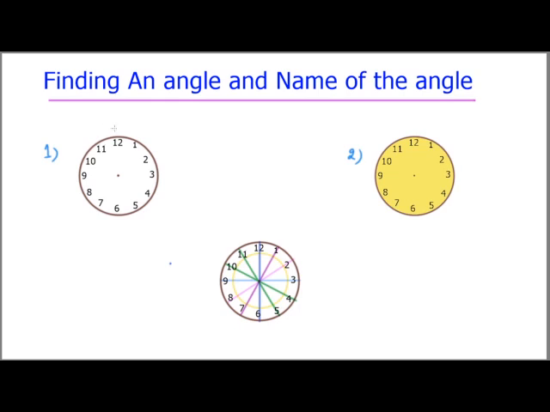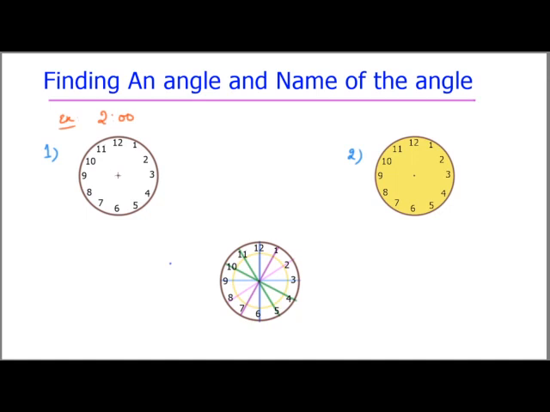Now the problems based on these angles, they may ask to draw the clock hands and find out the angle name. First I am going to give you an example: draw the clock hands for 2 o'clock. So here I have taken the clock which is numbered from 1 to 12. Now draw the clock hands.